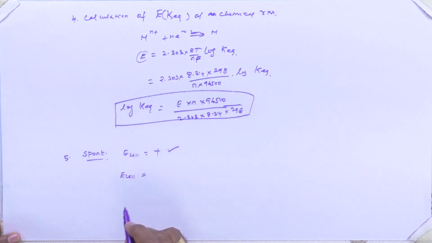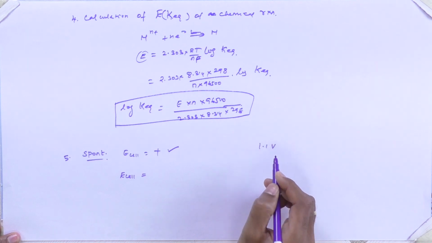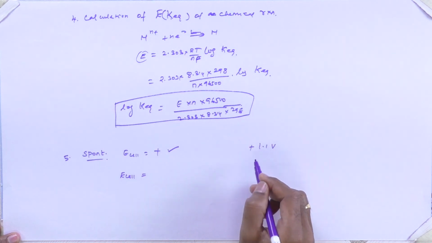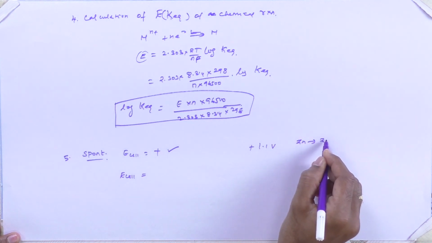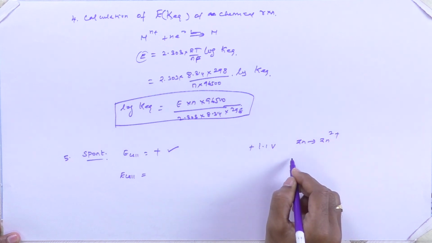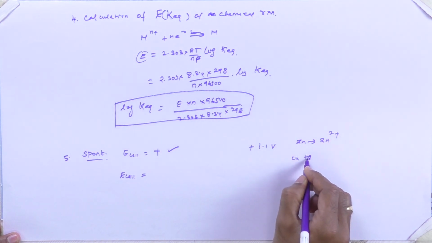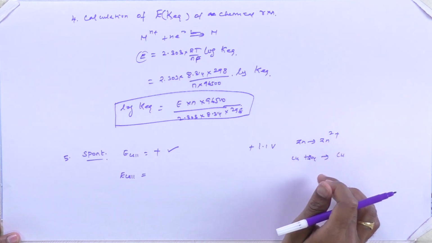In the case of the Daniel cell, the E cell value is 1.1 volt, which is positive. So we can claim that the cell reactions are spontaneous, which means zinc will undergo oxidation and go into the zinc sulfate solution. Similarly, the copper sulfate will undergo reduction and be converted into copper. So this will happen spontaneously.